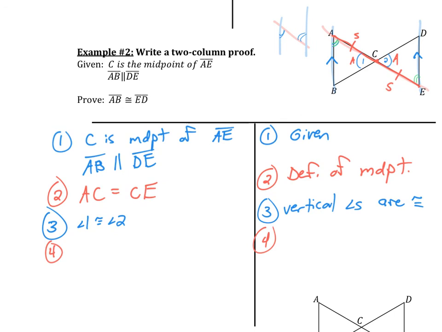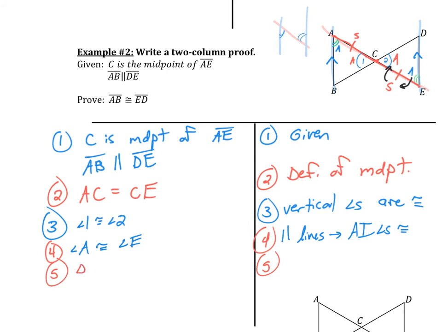So step 4 would be angle A is congruent to angle E because parallel lines imply alternate interior angles are congruent. So that is another angle. If you look up here, if we go around the triangle, we have angle, side, angle. So step 5 would be show the triangles are congruent.